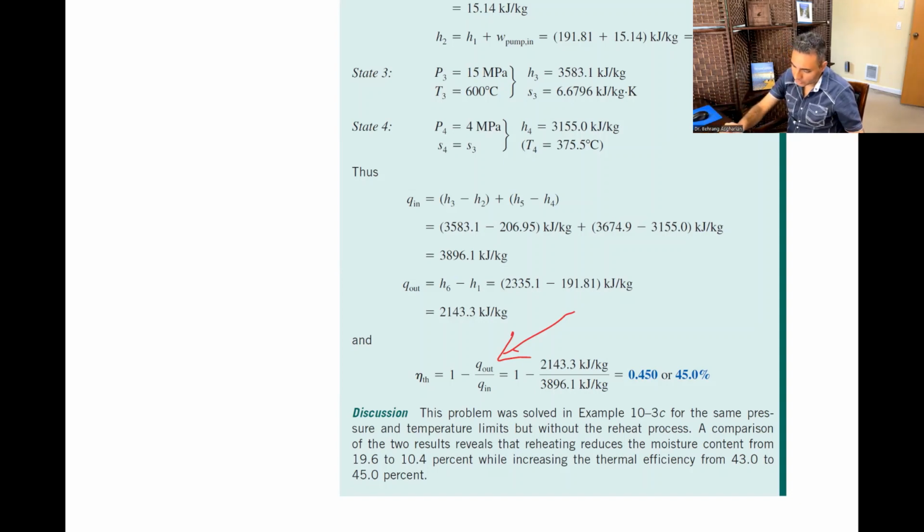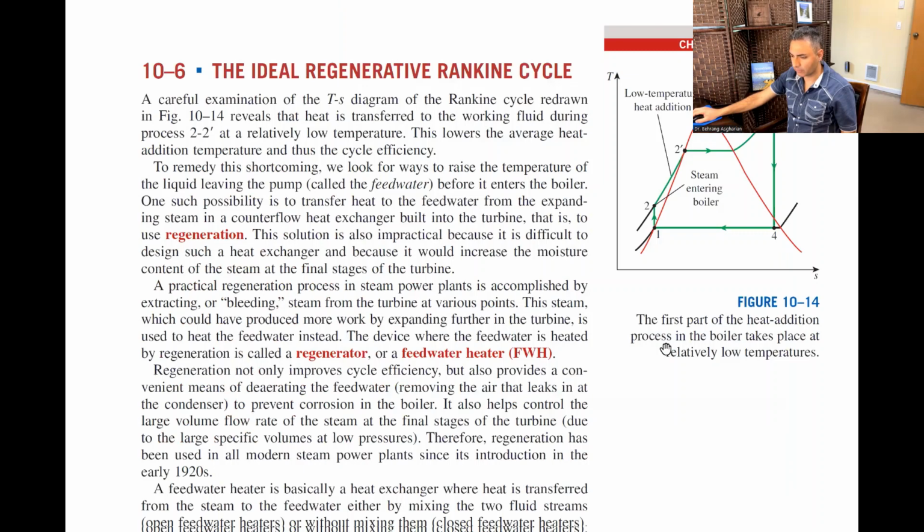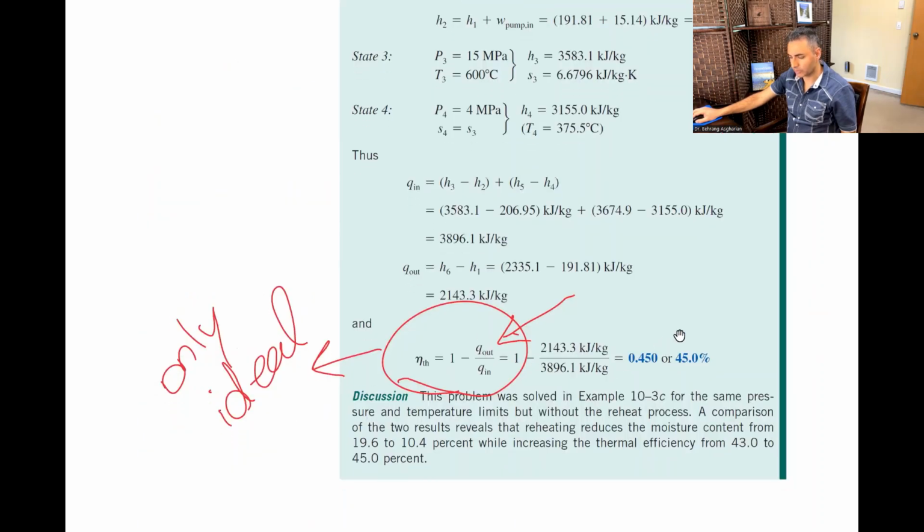This thing that you see here only works for ideal cycles. So if the cycle is not ideal, do not use this, okay? Keep that in mind. But by checking this number, you can see that they got 45% and we got 45%. They did not calculate W net in this case. They just went with this equation.